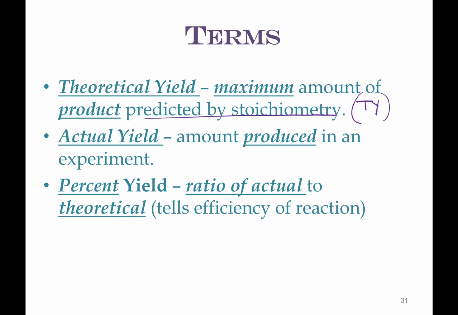Now, in organic chemistry, you might get over 100% because everything around us is organic, and you might have something fall into your reaction or cause it to absorb oxygen or something from the atmosphere. So there are things that can cause it to go over 100%, but that usually means you have an impurity. So your actual yield is what you actually obtained.